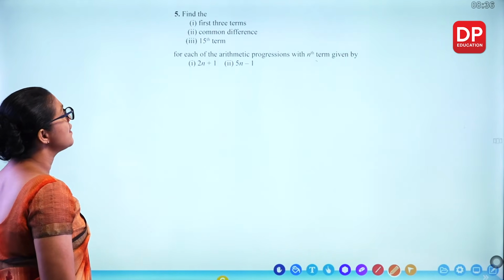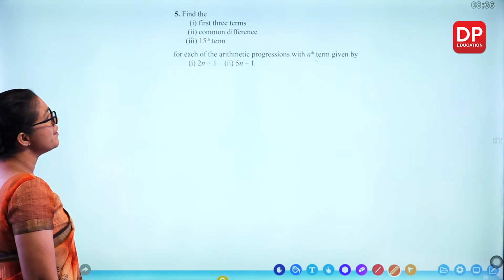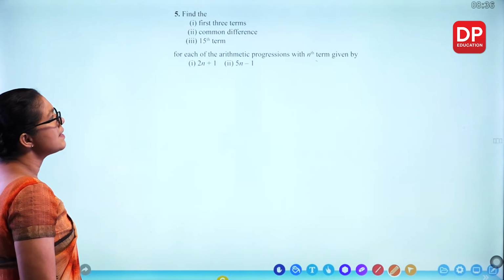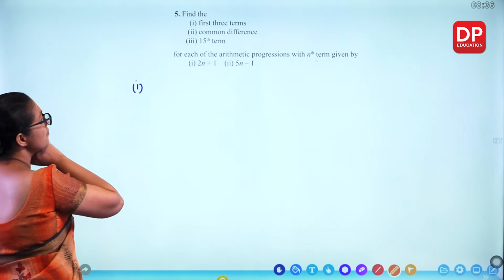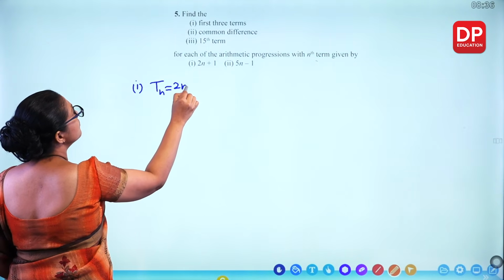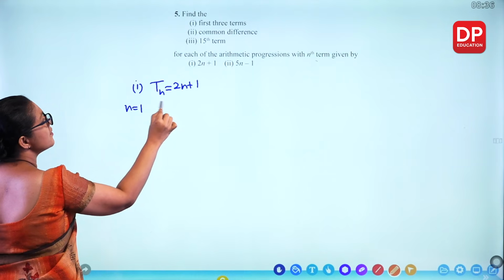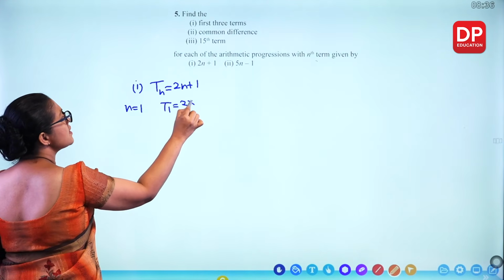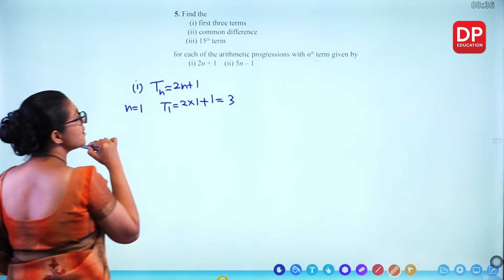Fifth one, find the first three terms, common difference, 15th term for each of the arithmetic progressions with nth term given by. So I'll take the first one, 2n plus 1. First three terms, so you just substitute n equals 1. T1 equals 2 times 1 plus 1, that's 3.